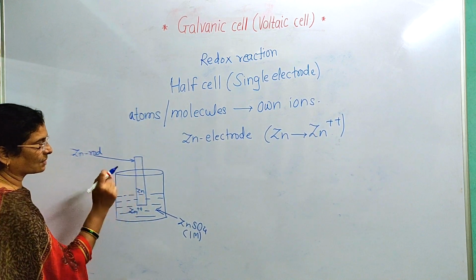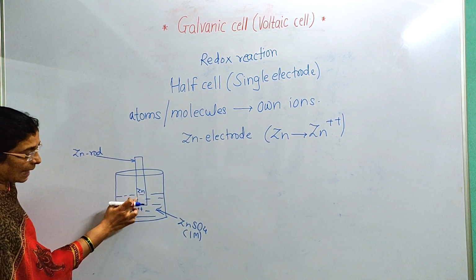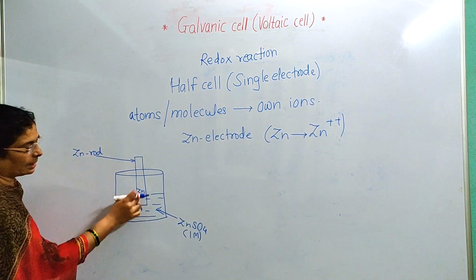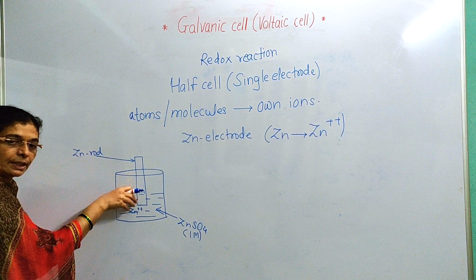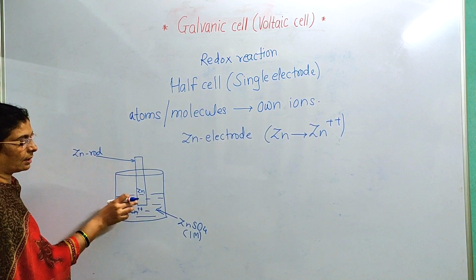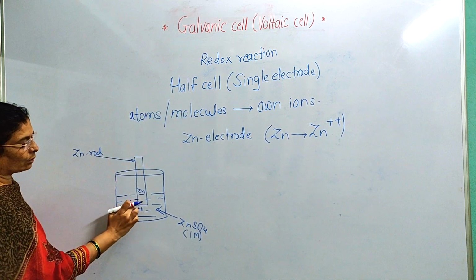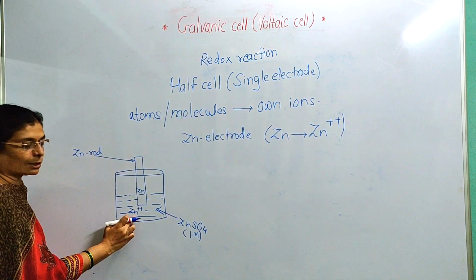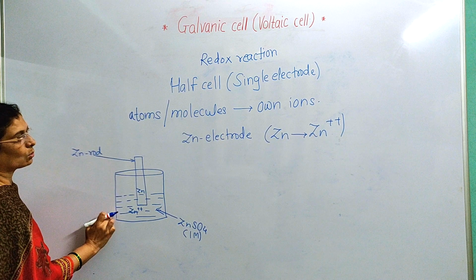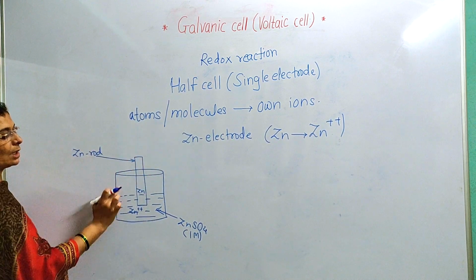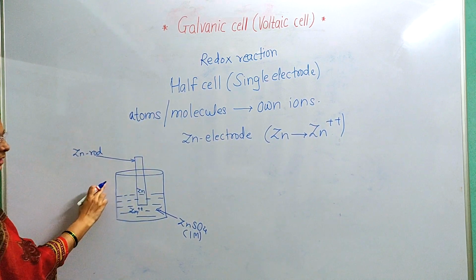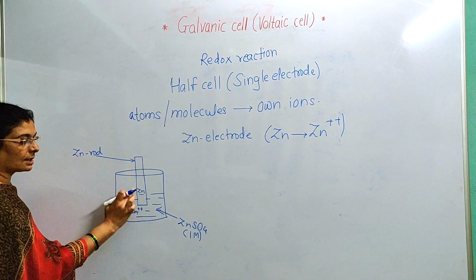So zinc atoms are in direct contact with Zn plus ions. The zinc rod is directly dipped in the Zn plus solution, and so Zn atoms are in direct contact with Zn plus ions. This construction is called zinc half cell or zinc electrode.